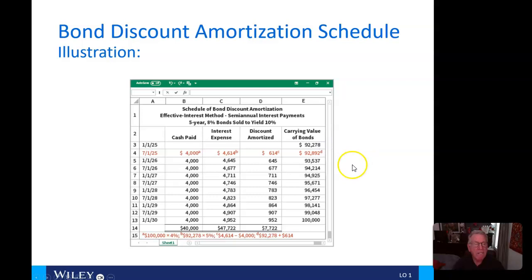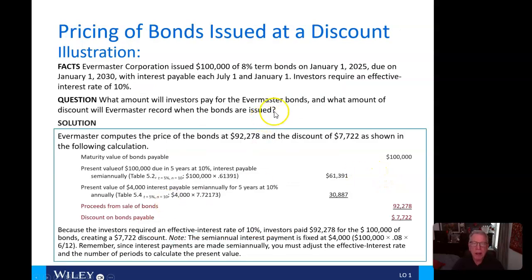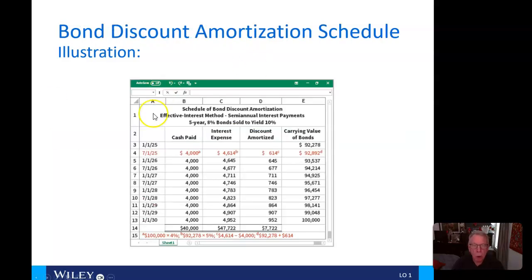So what we do is we multiply that $92,278 times 5%. 5% is the effective rate, right? You'll remember that it was 10% effective interest rate, and half of that would be the semi-annual rate, not 8% or 4%. So we multiply that to get 4614.